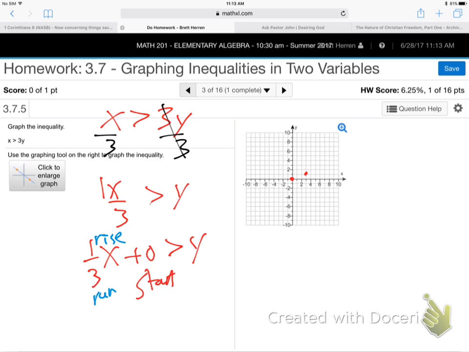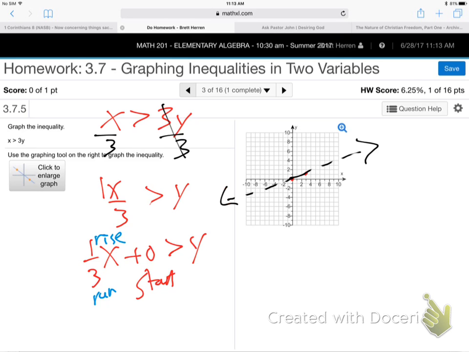There's my 2 dots. Good, we all good? Connect them. Should I have a solid line or dotted? Yeah, it's not equal, so there we go. Dotted line.